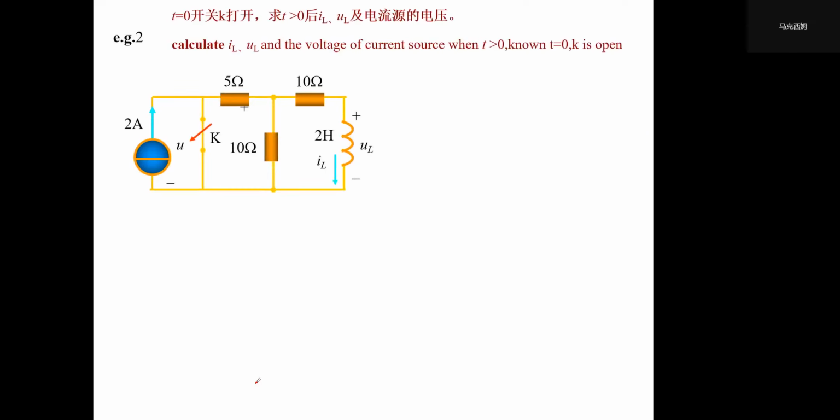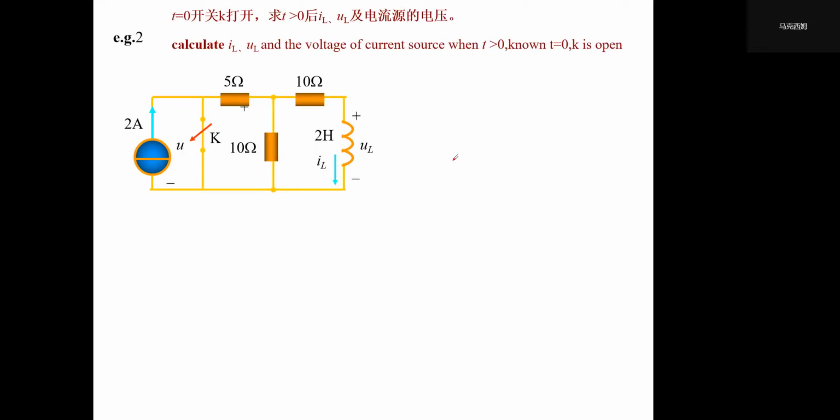Now let's take a look at another example. We would like to know how the IL and the UL change according to the voltage of the current source, how it changes when time is larger than 0.